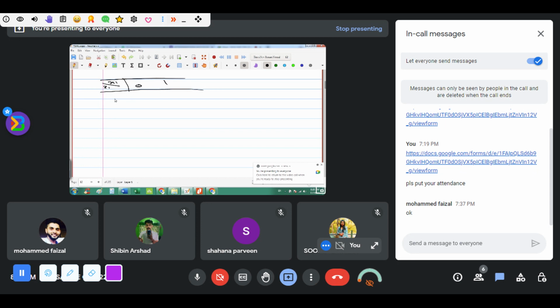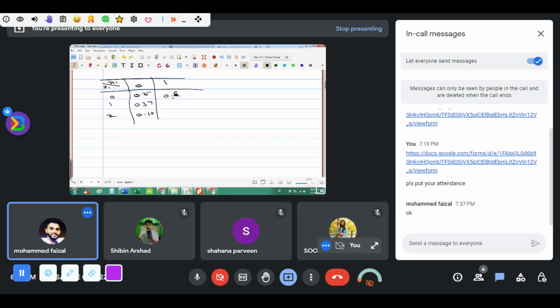The table values: 0, 1, 2. Please tell me: 0.25, 0.25. 0.37, okay, column wise. 0.37, 0.1, 0.1. Then 0.05, 0.05.